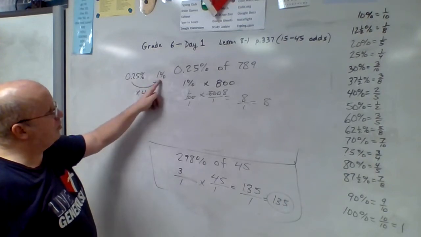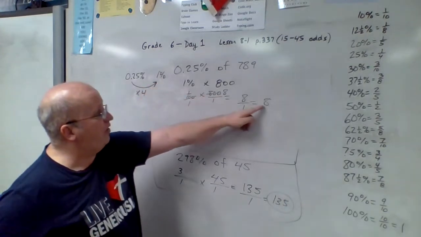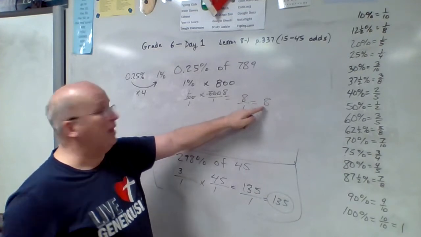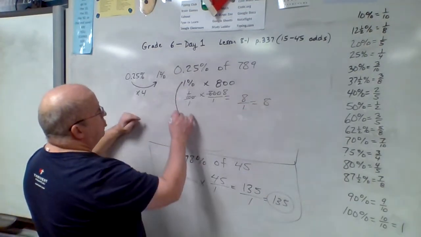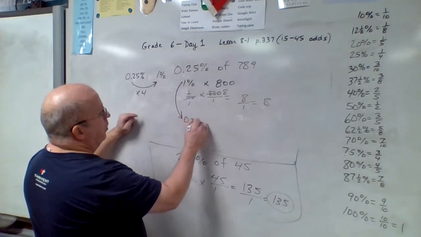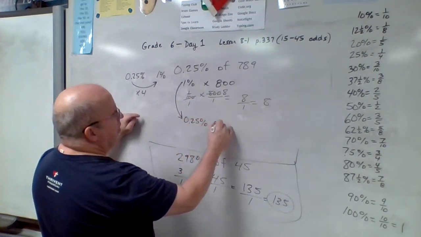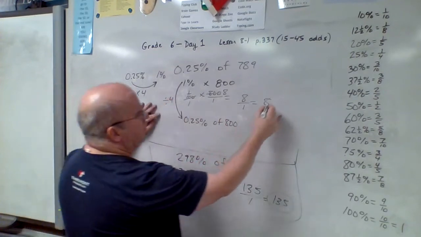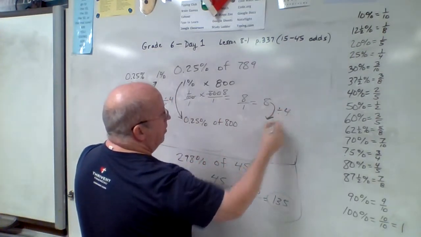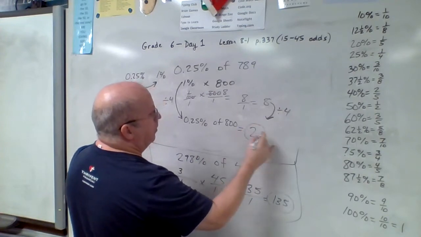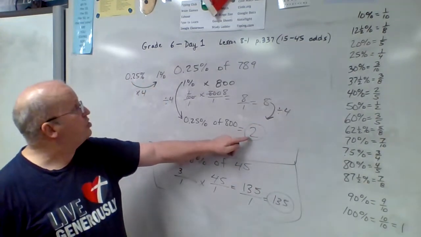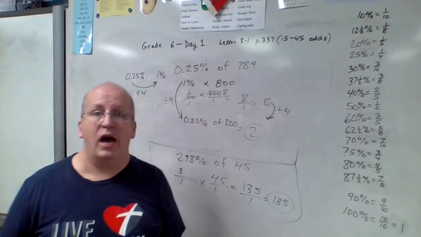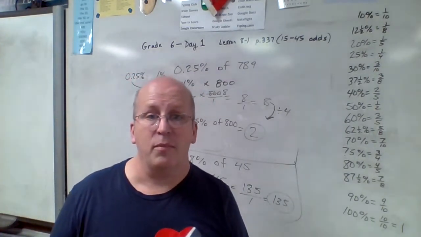This times 4 gets me to 1%. So that means that this answer is 4 times bigger than it needs to be. In other words, if I want to change from this to 0.25% of 800, I actually have to divide by 4. And so the answer to this problem becomes the number 2. 2 is really 0.25% of 789 if we're thinking about an estimated answer.